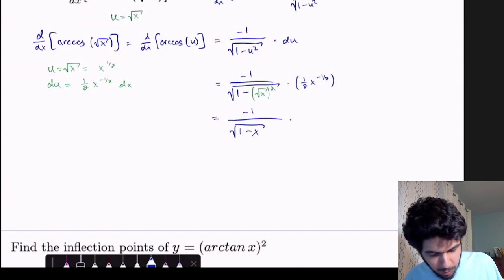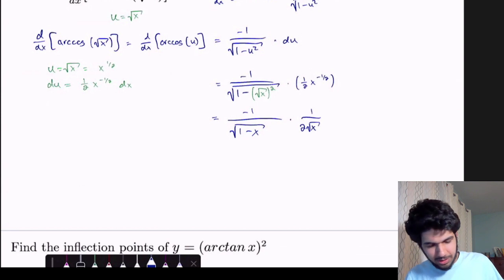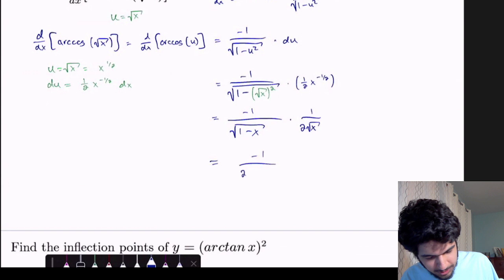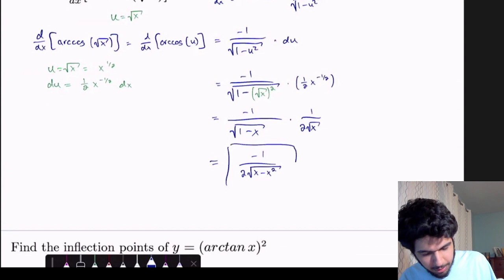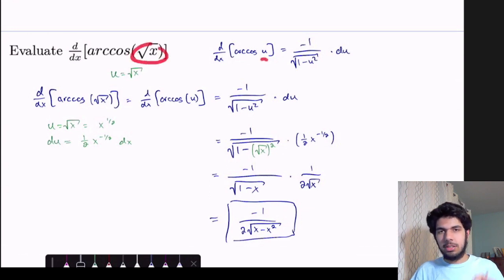And then we're multiplying that by 1 over 2 square root of x. That's just rewriting this as a square root. And we're basically there, but we can make this look a little bit prettier by saying this is negative 1 over 2 square root of x minus x squared, something like that. And that would be our answer. So just a simple example, but remember, when you know how to do arc cosine of u or something of u, try to get it in that form using a u substitution of sorts. And that would be that.